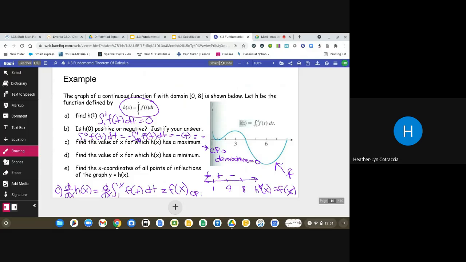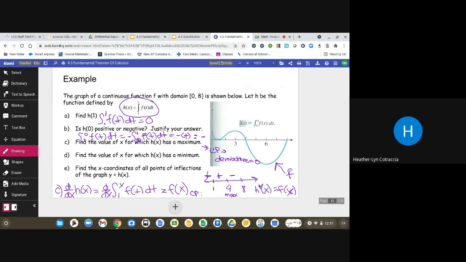So find the value of x for which h of x has a maximum. So a relative maximum could be occurring right there. We should probably actually consider endpoints as well. We know this is 0. So this would be a little bit below 0, but I increase, and then I do a lot of decreasing.